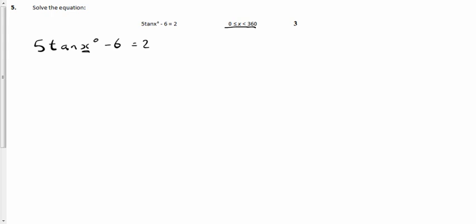So I would start by adding 6 to each side. So 2 plus my 6 gives me my 8. I would then need to get rid of that 5. So to get tan x on its own, I would divide by 5.